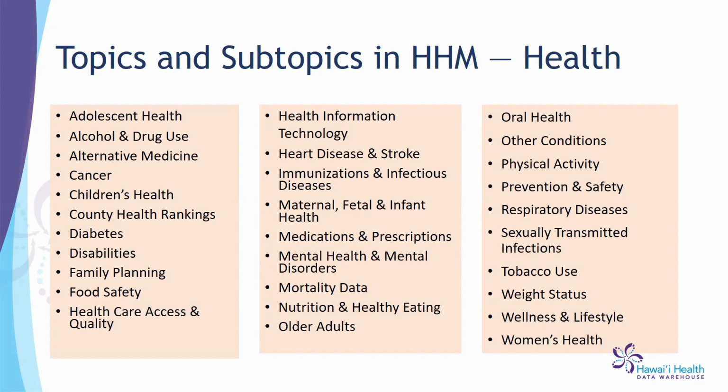It's the largest topic area and covers health conditions, such as cancer and diabetes, health behavior, health outcomes like mortality data, and life stage categories. So you'll see adolescent health and children's health and maternal and fetal health and older adults' health and so forth.